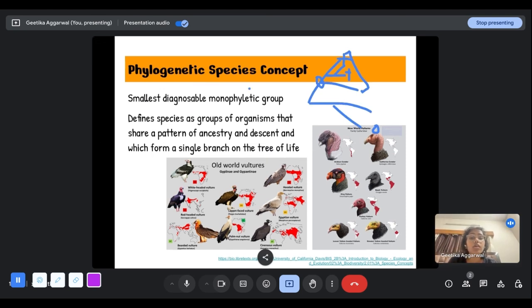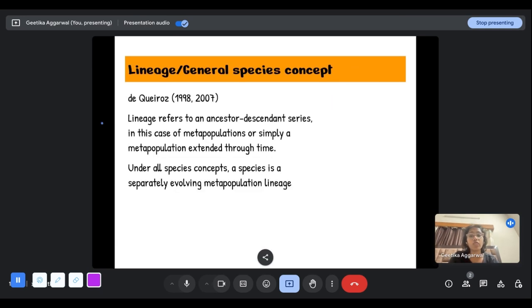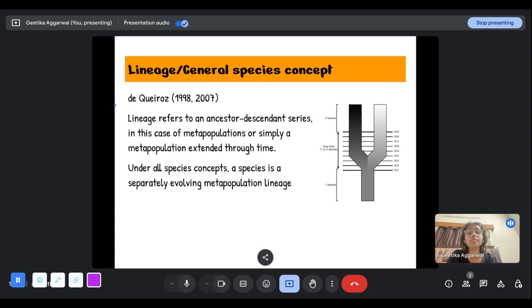So that is how the phylogenetic species concept gives us insights into different kinds of organisms and their phylogenies, and it describes species based on their evolutionary history and their ancestry and descent, and not on their reproductive isolation or morphology.